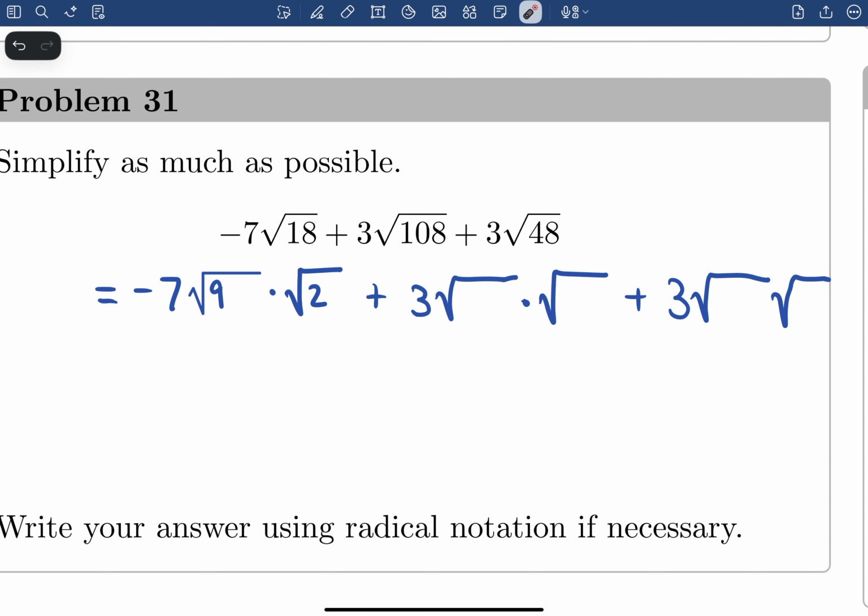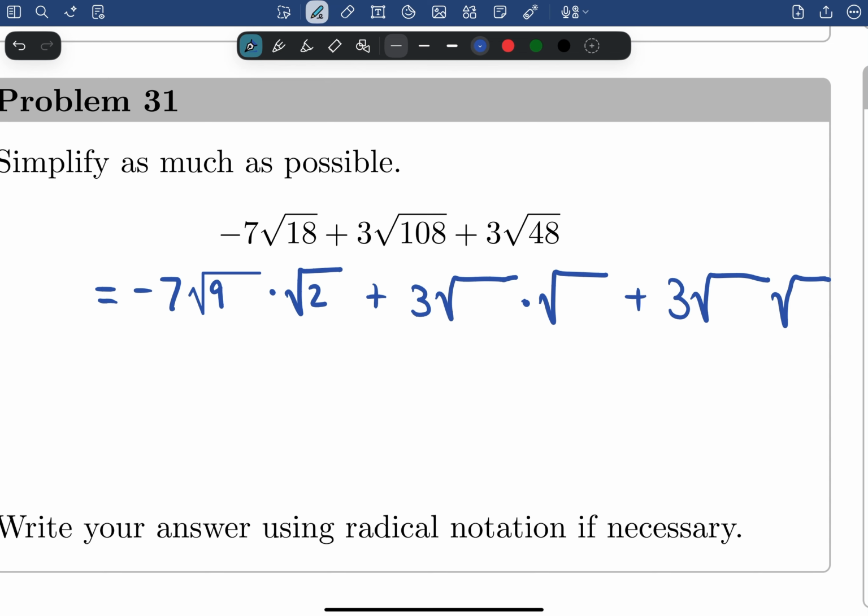When I see 108, I think it's a multiple of a perfect square possibly. Okay, so 108, well, it's also a multiple of 9, right? So I could technically put 9 here. 9's a perfect square. And what's left over is a 12.